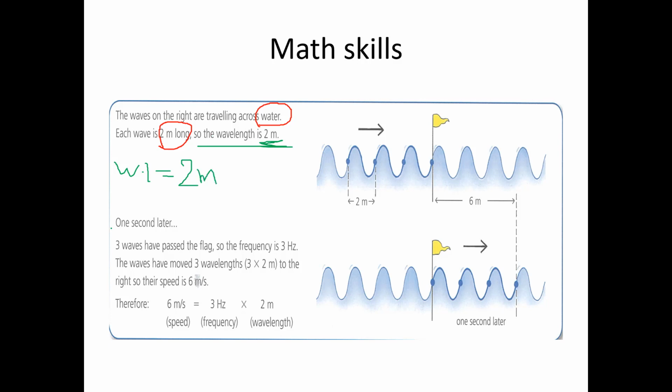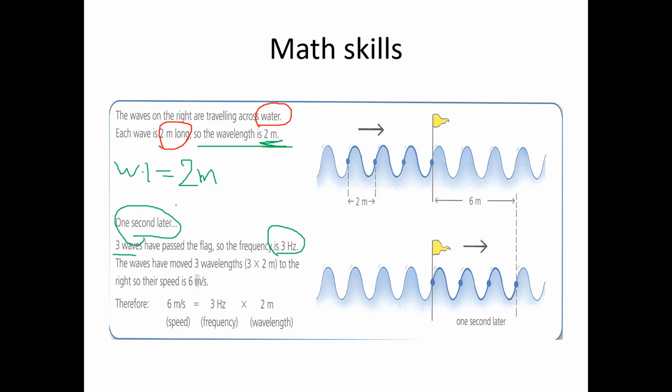Okay, 1 second later, 3 waves have passed the flag. So the frequency, it's what? It's 3. How do we know it's 3? It says here 3 waves after 1 second.